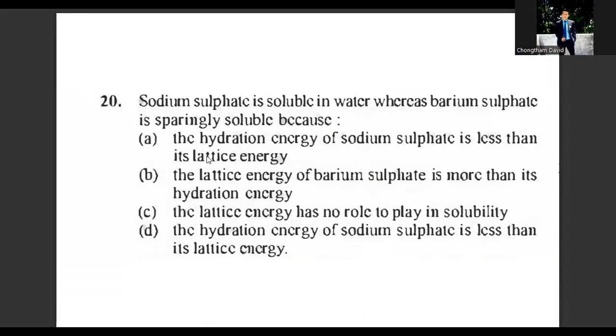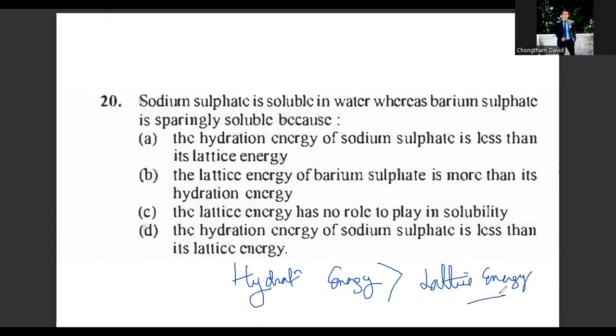Sodium sulfate is soluble in water, whereas barium sulfate is sparingly soluble because, see, for the dissolution process, keep this in mind, your hydration enthalpy or energy should always be greater than your lattice energy.